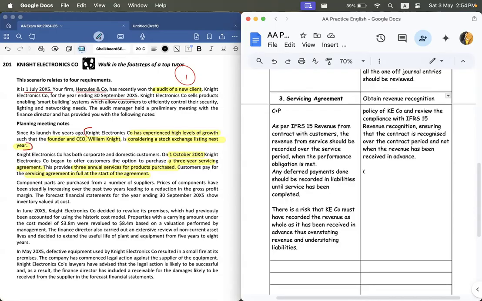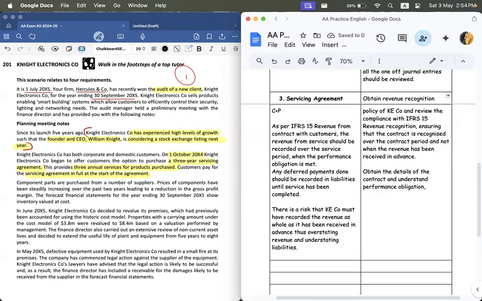Everything came together. Okay. So you're going to obtain the details of the contract, that is the service contract, and understand the performance obligation. You studied the standards, right? I'm assuming that you have studied the standard and you know it very well.